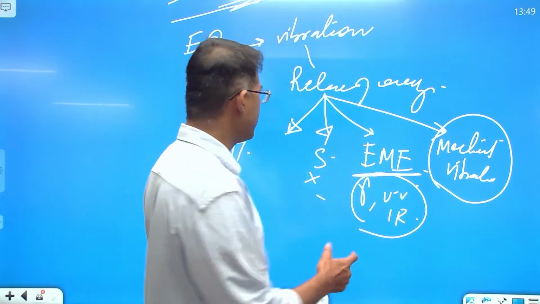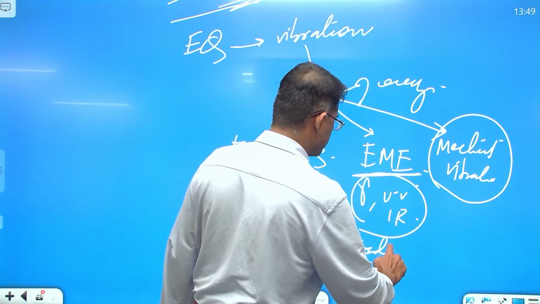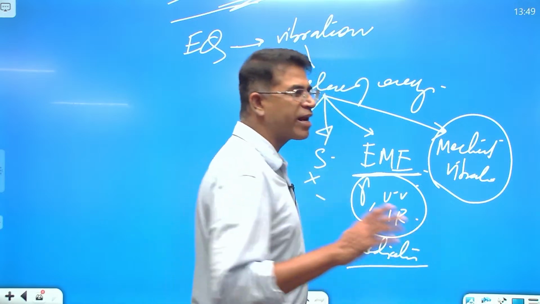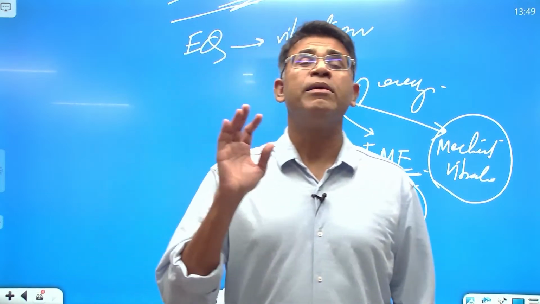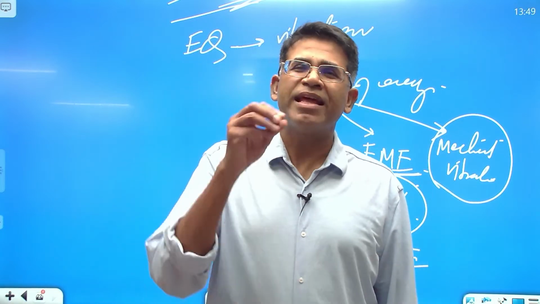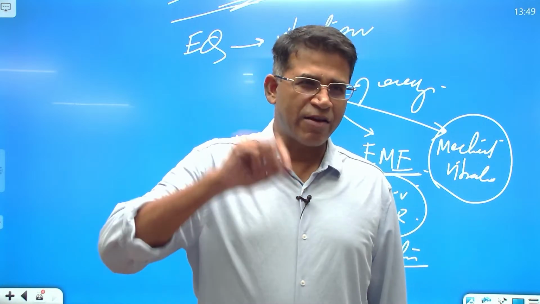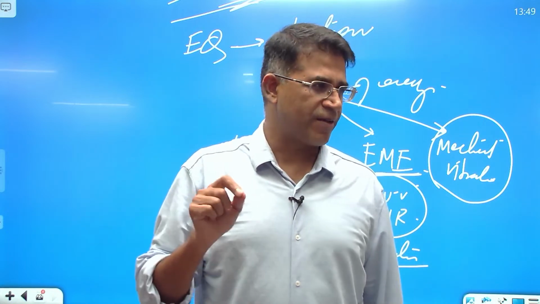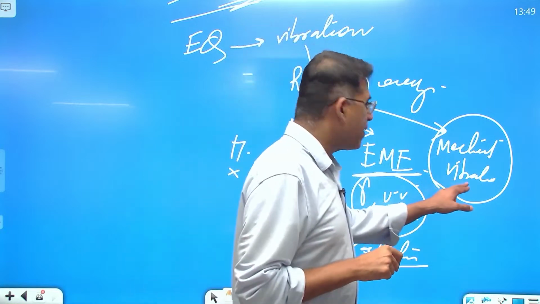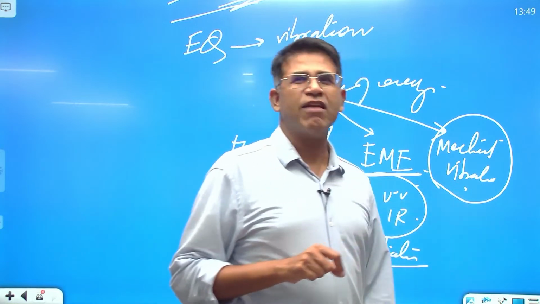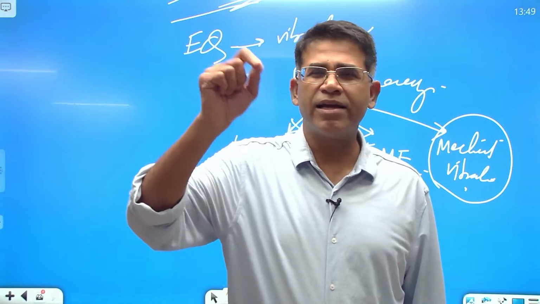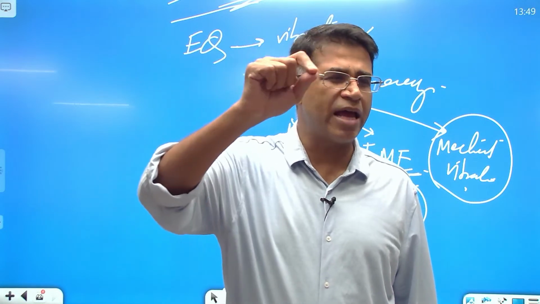Why? Because they are radiations. Radiations don't require a medium. But then there is some energy that vibrates the particles. We call that mechanical waves. Mechanical waves can vibrate the particles, atoms, and molecules, and so on.